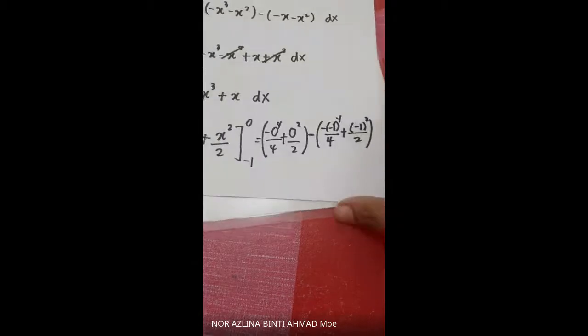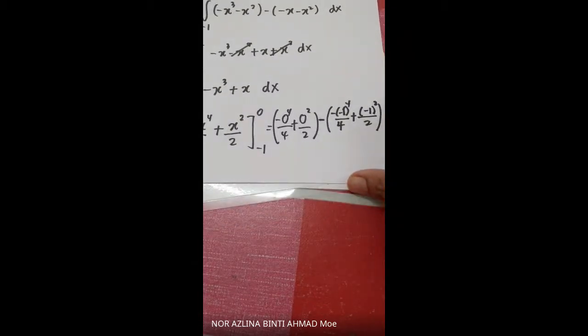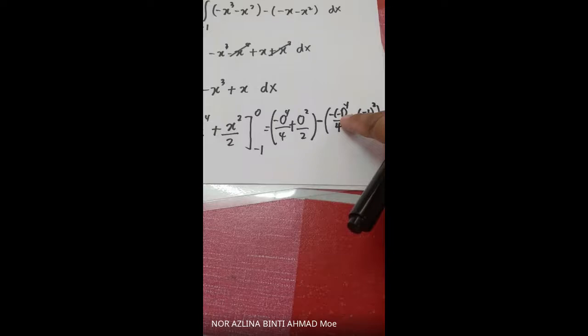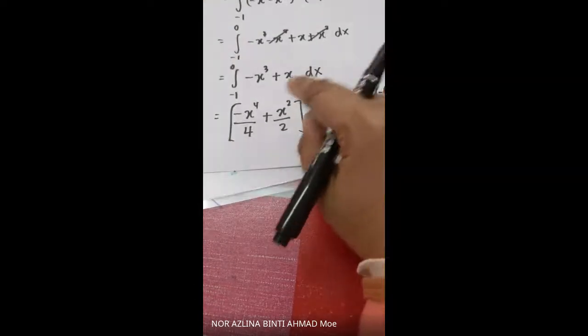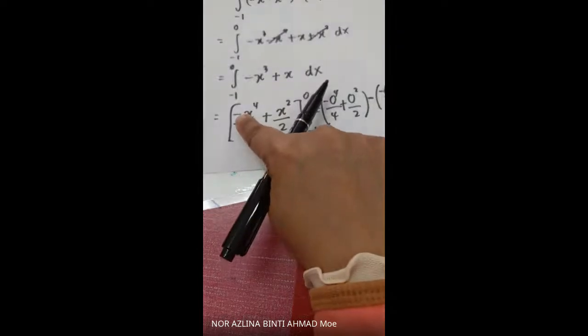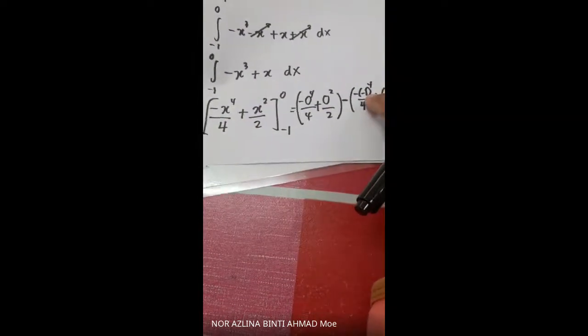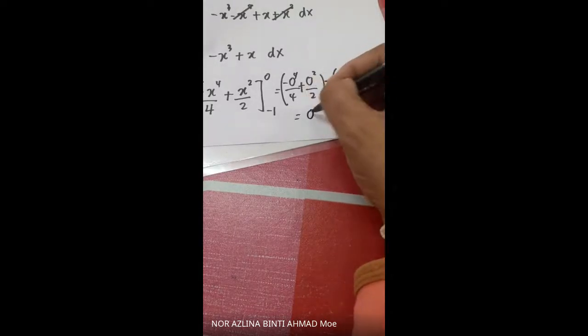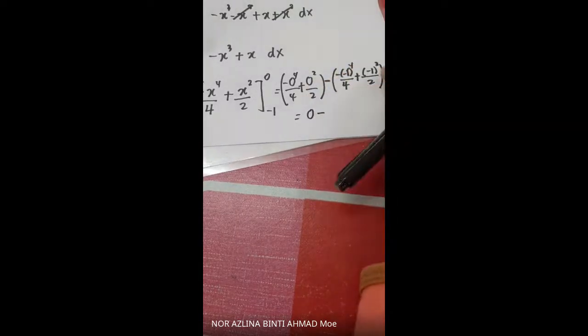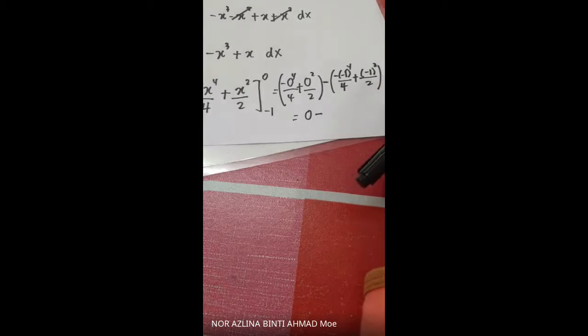Okay, sorry. This negative 1 must be in bracket because the value of x is negative. And here the symbol is negative. So make sure you write the value of x in bracket. So now you get, this is 0 minus, negative 1 over 4 plus 1 over 2.